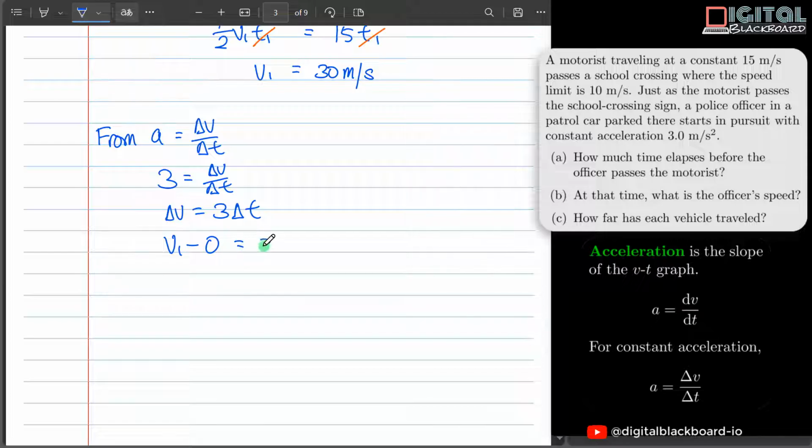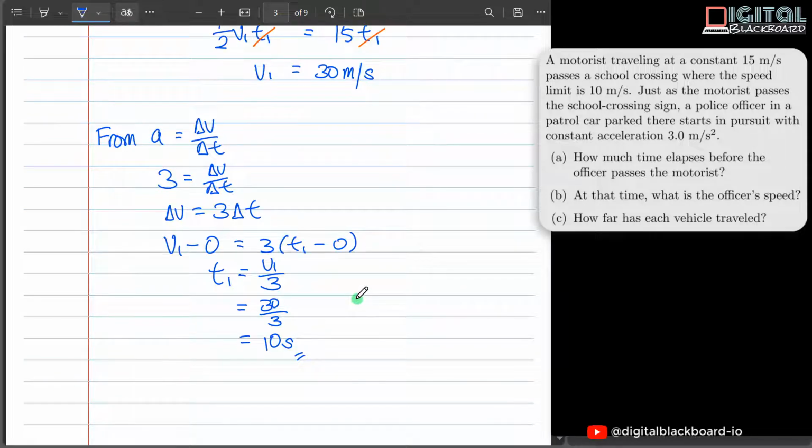So this is equal to 3 times t1 minus 0, and this will give us t1 equal to v1 over 3, which is equal to 30 over 3, giving us 10 seconds. So the elapsed time is just 10 seconds.